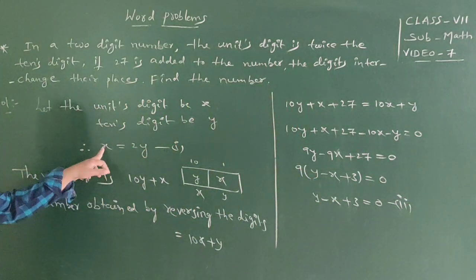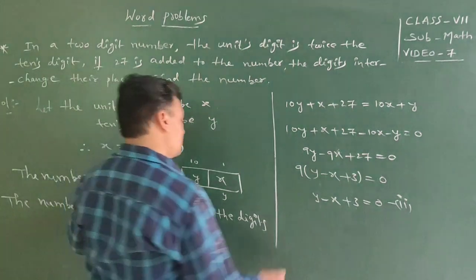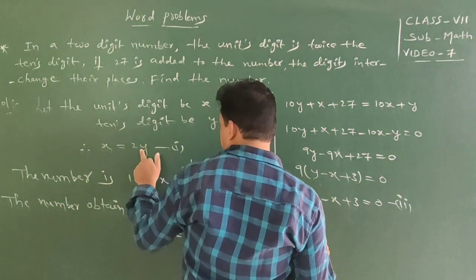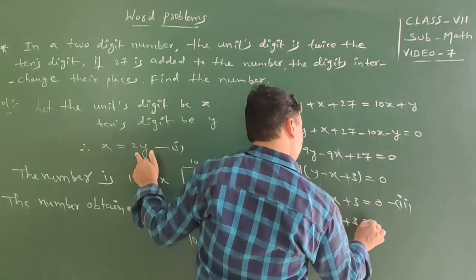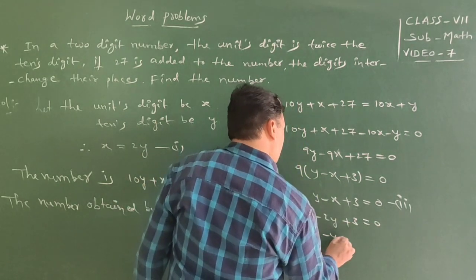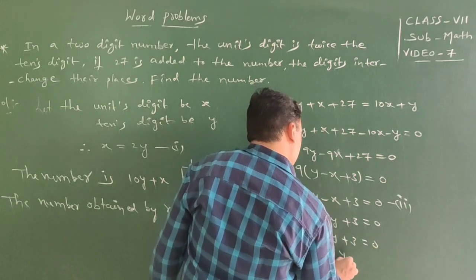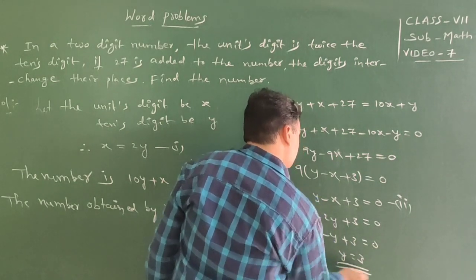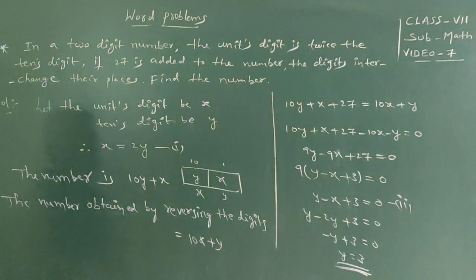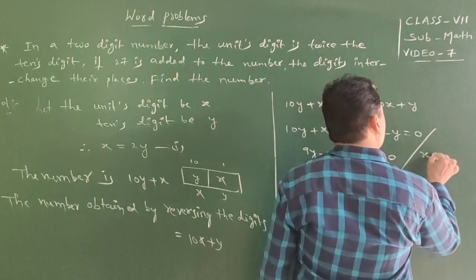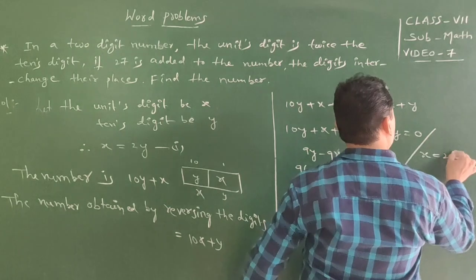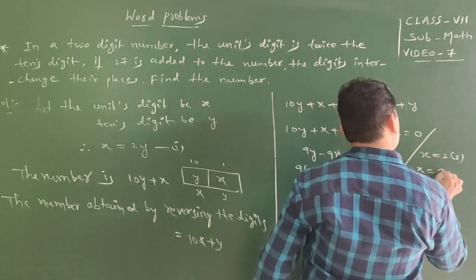Already we have one result, x in terms of y. Substitute here. Here y minus x means 2y minus y plus 3 equal to 0. y equal to 3. If y equal to 3, then x equal to 2 into 3, so x equal to 6.